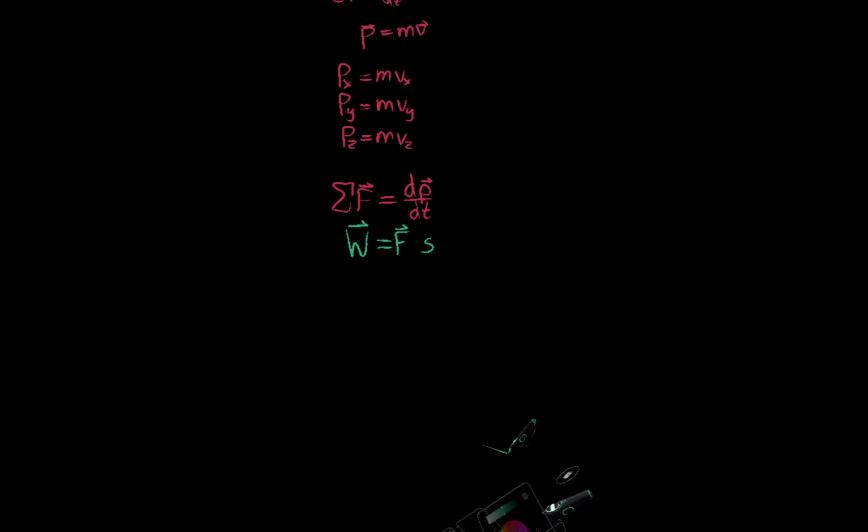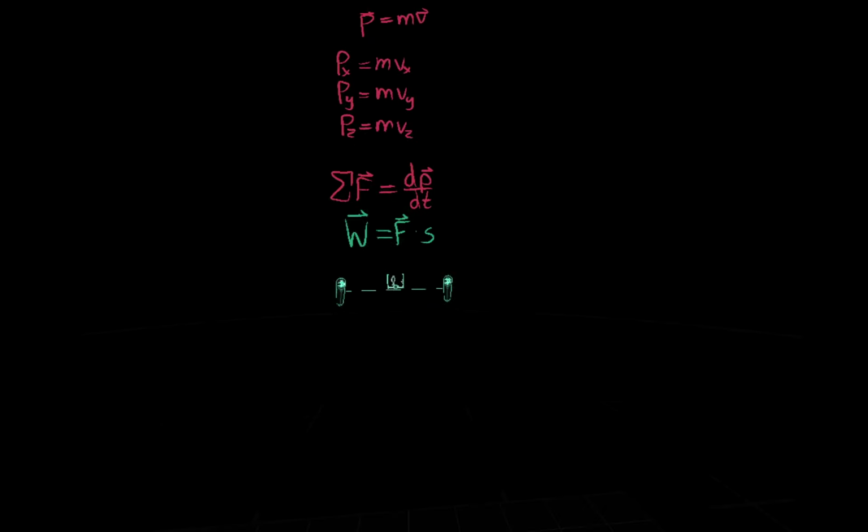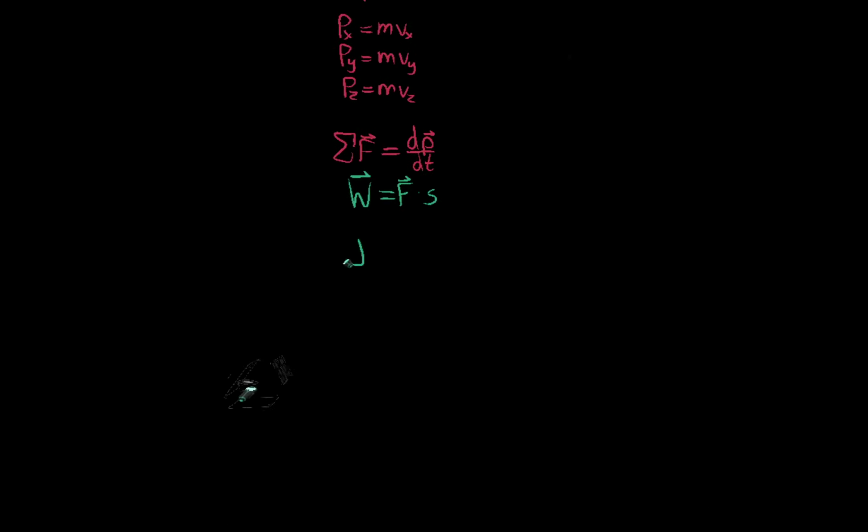Well, now we're going to do something very similar and define a term for a force through time. So we're going to call this quantity impulse, and it's going to be denoted by the symbol J. So capital J is impulse, and it's going to be F times delta t. So work is when a force acts through a distance, and impulse is when a force acts through time, or over a time interval.